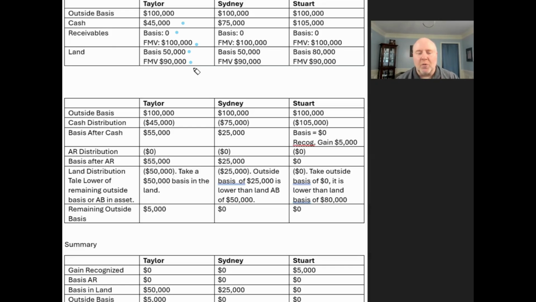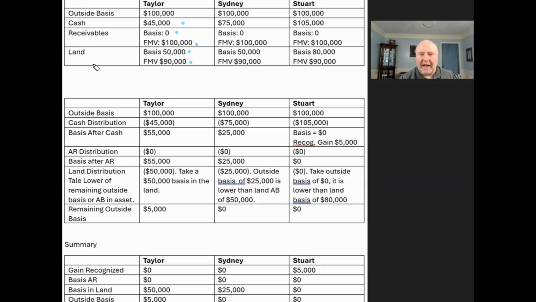Now, in the introduction, I talked a little bit about how these ordering rules go. When you see these things in problems, like if you're sitting for the CPA exam or a class exam, a lot of times they're not going to order these things for you like cash, receivables, land. It's going to be land, receivables, cash, or whatever it is. You've got to be able to put them in order. The ordering rule is we're dealing with cash and release of liabilities first.